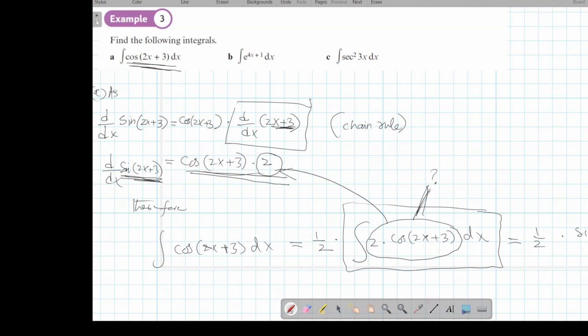So the problem here is actually, whenever we have a composite function like this, we need the derivative of the inner function available. If the derivative of the inner function, which is in the argument, is not available and it is a constant, then you can multiply inside and divide outside, in order to make that derivative available, and we apply the reverse of the chain rule.